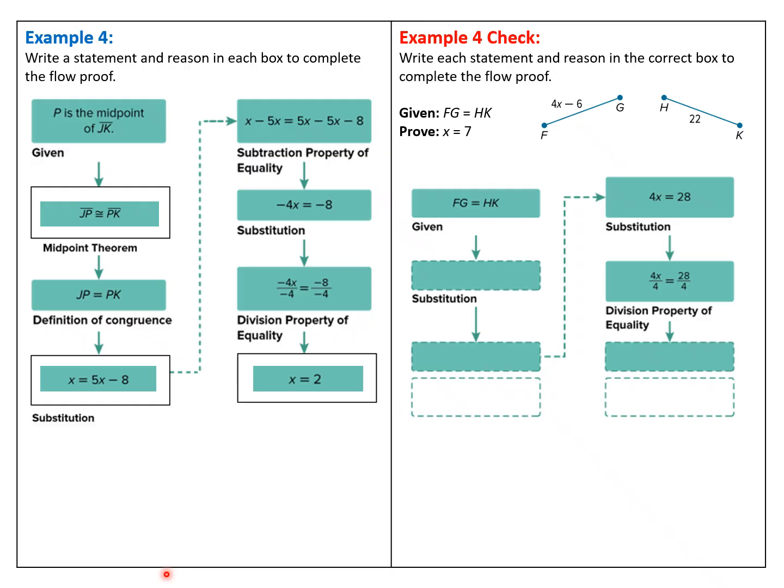From there, we simplified or used substitution. x minus 5x is the same as writing negative 4x, and 5x minus 5x cancels, and that leaves us with negative 8. So we substituted this side of the equation with its equivalent value, which is negative 8. The next step was to divide each side by negative 4 using the division property of equality, and the result is x equals 2 by substitution.